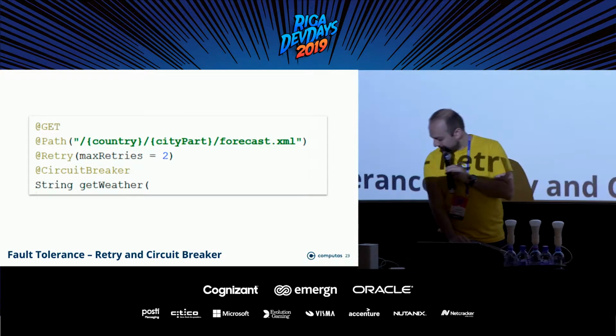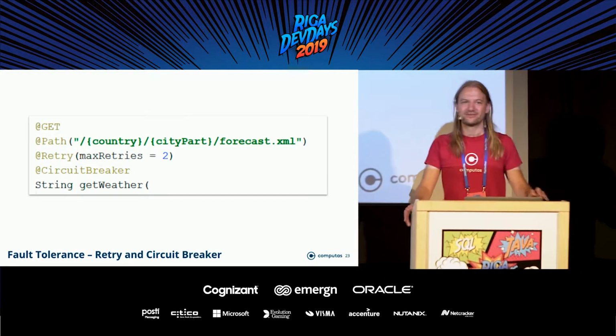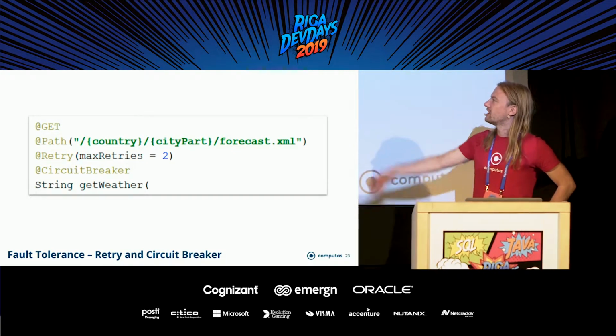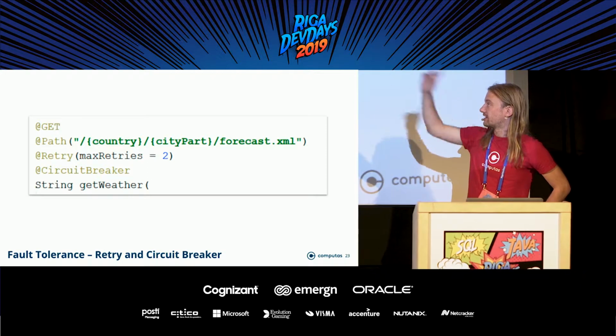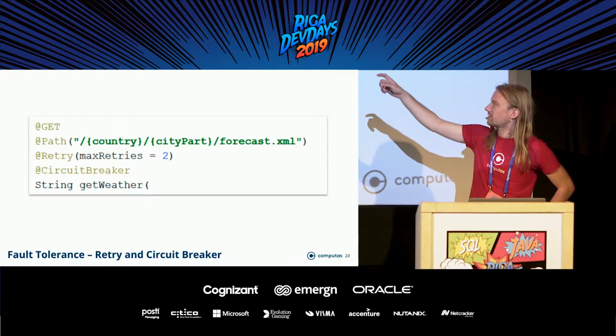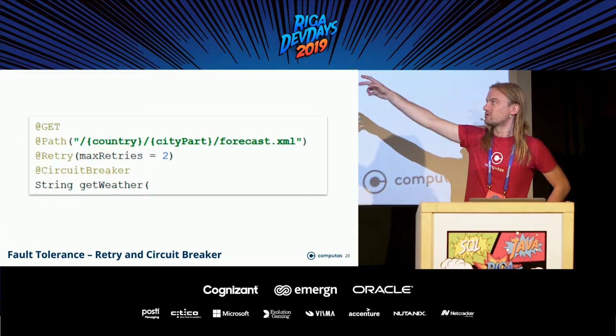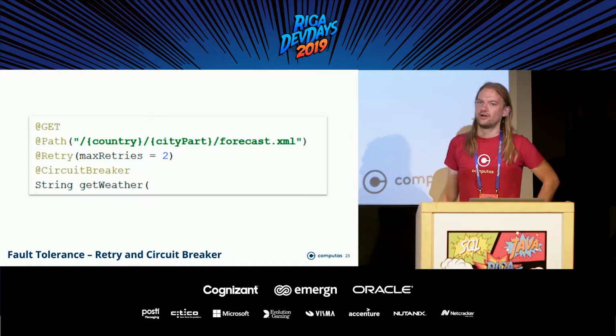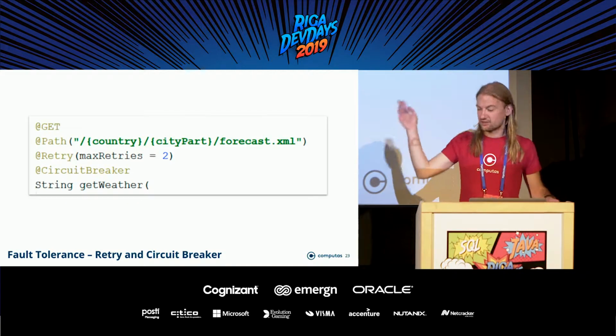And speaking of fault tolerance, it's also a part of MicroProfile, which gives you a lot of configuration properties. So here at this URL, you can retry. If it fails, you try again, as many times as you specify here.